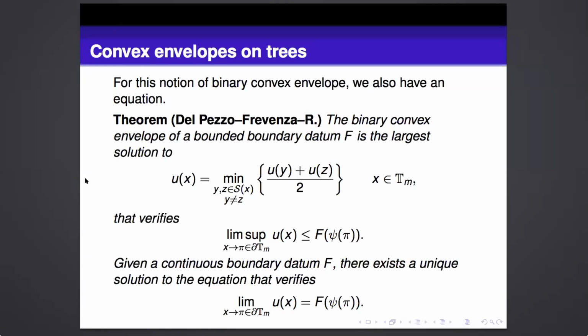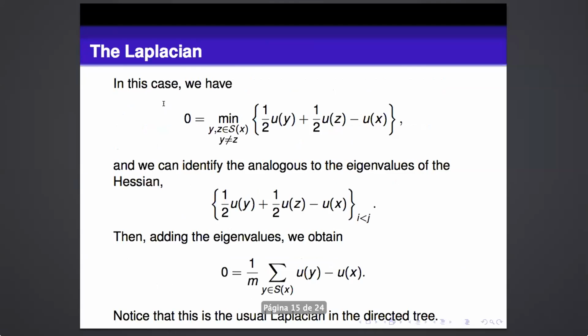This one should be the equation corresponding to lambda 1 equals to 0. So you rewrite the equation in this form. You subtract u of x and you put inside the minimum. And these quantities are like the eigenvalues of the Hessian, and you're computing the minimum of all them. So this is the smallest eigenvalue of the Hessian.